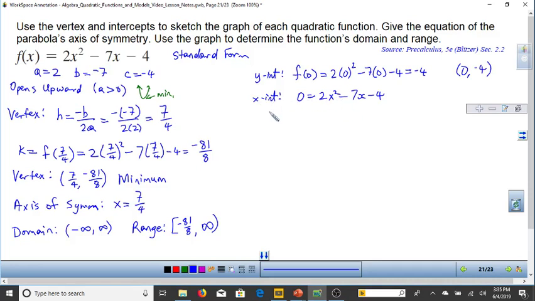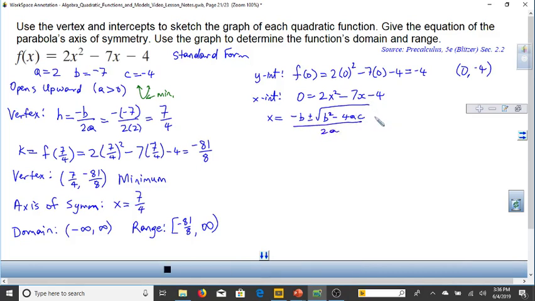Nevertheless, I'm going to use the quadratic formula. Negative b plus or minus the square root of b squared minus 4ac, divided by 2a.